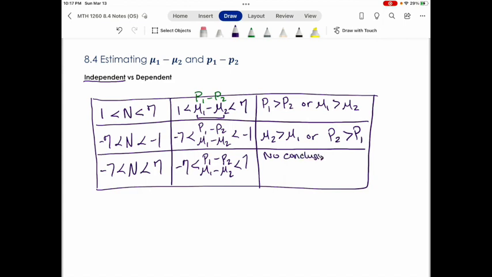In this case, no conclusion can be made about which parameter is bigger.